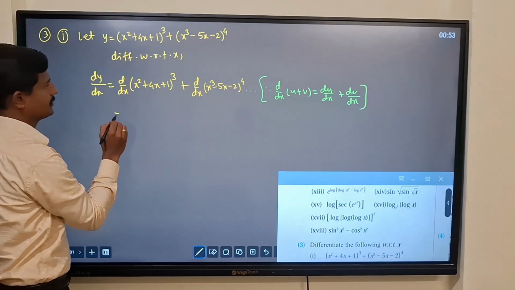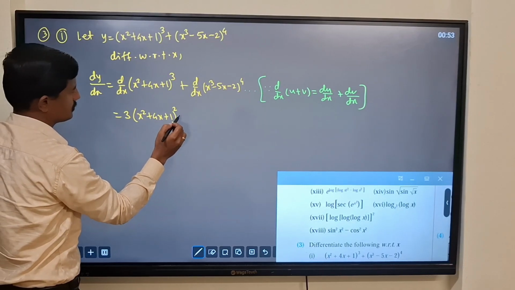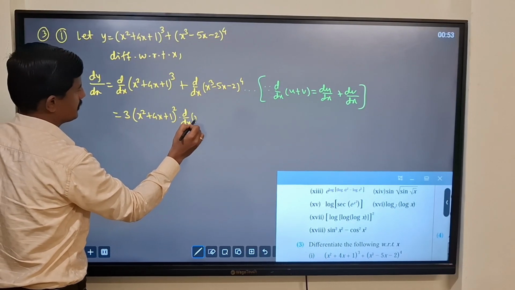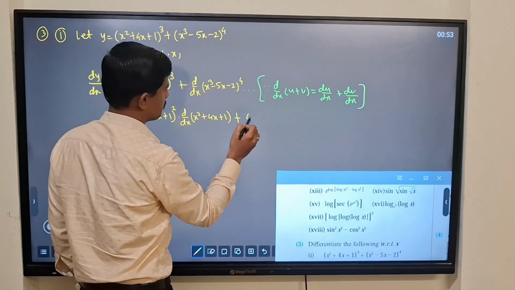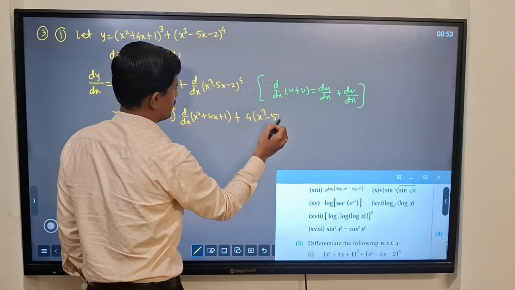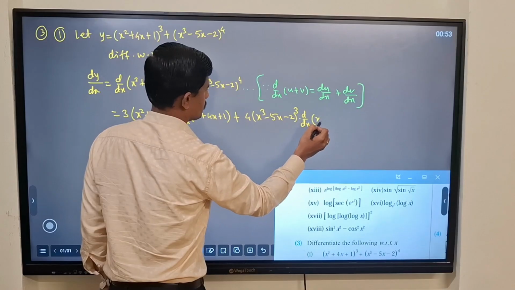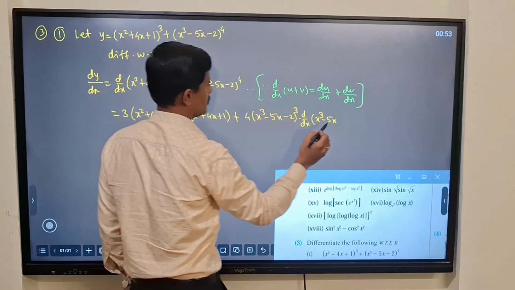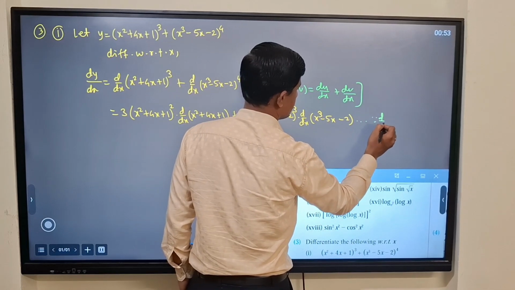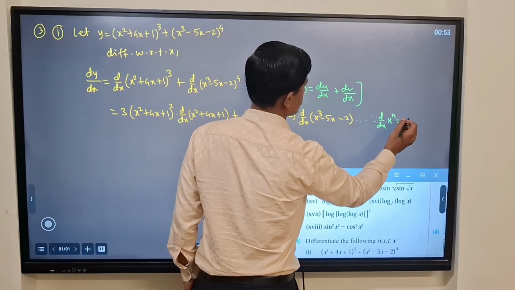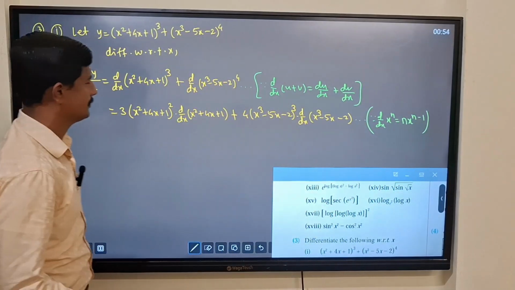Now differentiation of this term: 3(x² + 4x + 1)² d/dx of (x² + 4x + 1) plus 4(x³ − 5x − 2)³ d/dx of (x³ − 5x − 2). Here we used the formula d/dx of xⁿ is n xⁿ⁻¹.